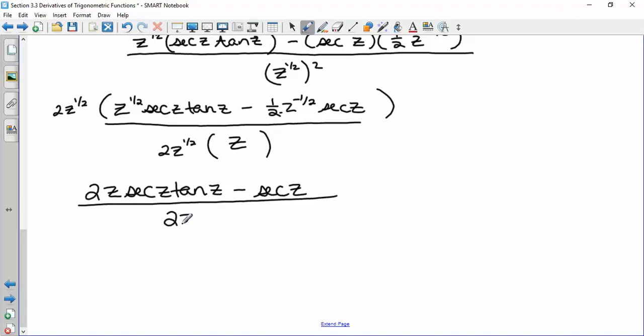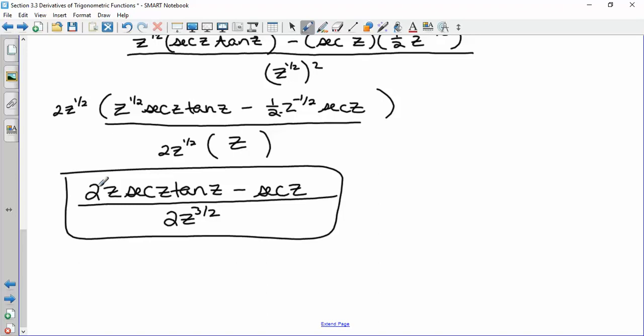On the bottom, 1/2 plus 1 would be 3/2. So unlike when we did the derivatives of polynomials, where the answer usually got prettier every time, with these trig functions a lot of times your derivative is going to be uglier than your original function.